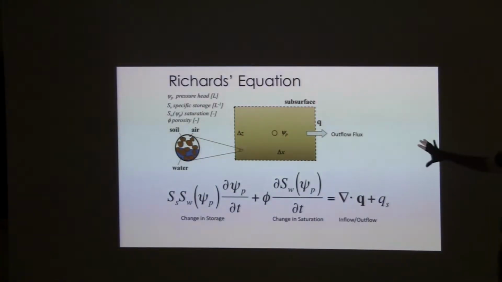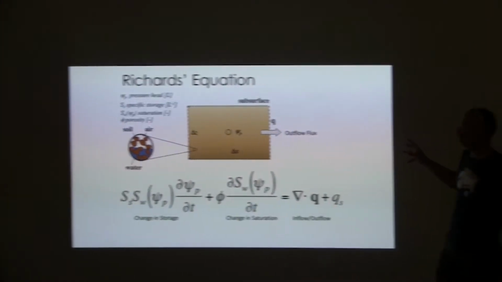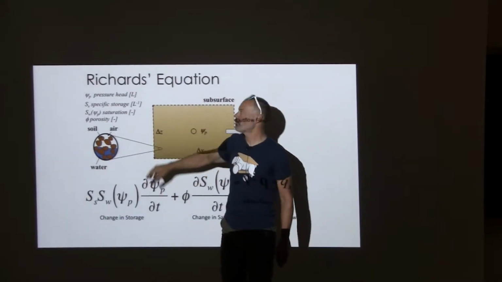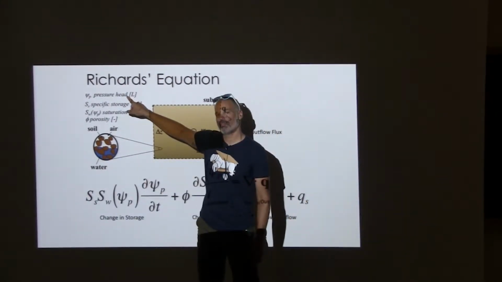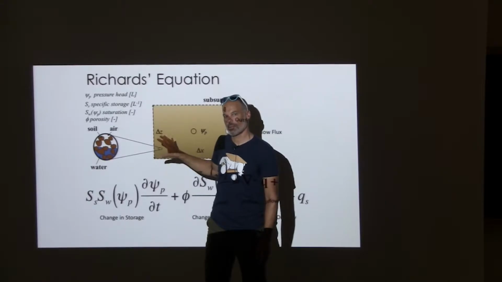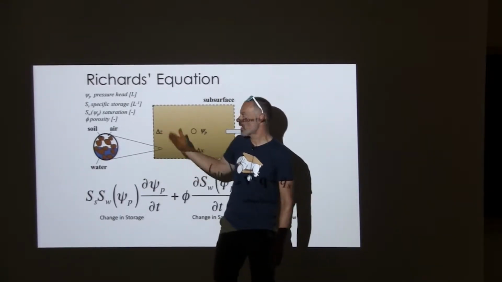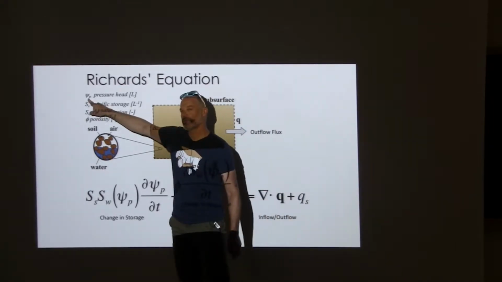So we start with Richards equation, and this is now the mixed form of Richards equation. I wasn't showing the mixed form before. So the mixed form that we solve, and I'll define some terminology. We have a pressure head, and this is the subsurface pressure, either positive for below the water table, negative for above the water table. And I'm calling the subsurface version of this pressure psi p.